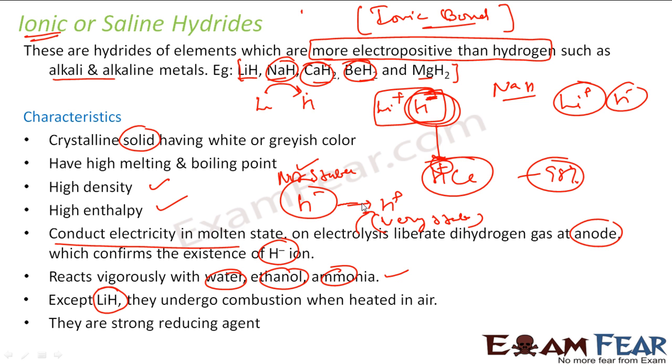So hydrogen always wants to become H+. Hydride always wants to get oxidized, so they are strong reducing agents. They want to increase their oxidation number, that means they themselves get oxidized. Since they themselves are getting oxidized, they are good reducing agents. If you don't understand this, please watch my video on oxidation number and the redox reaction chapter, where we've explained these concepts.